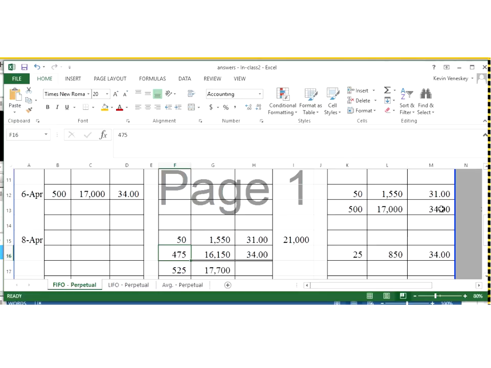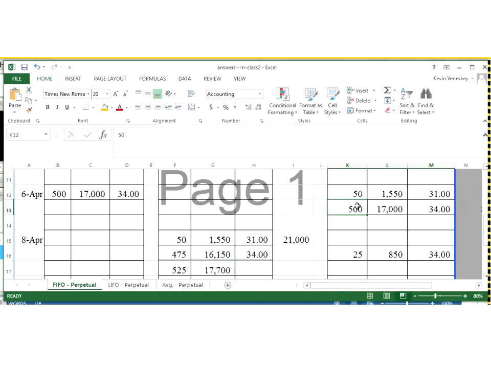The 475 that I sold, and remember they cost $34 a piece. So we do the multiplication here, 475 items at $34 a piece, gives me the $16,150, plus those early items that I sold, gives me a total cost of goods sold when I add these up of $17,700.